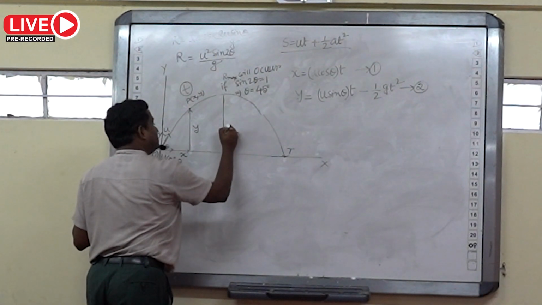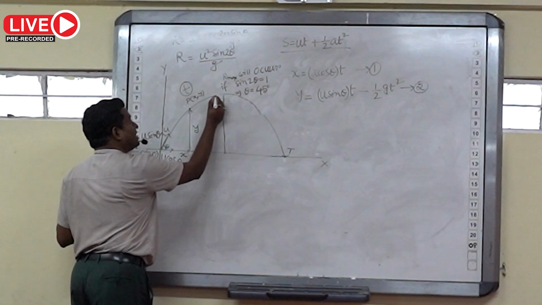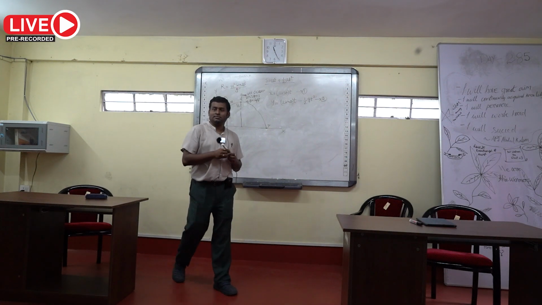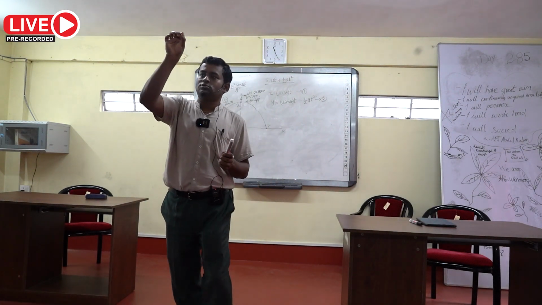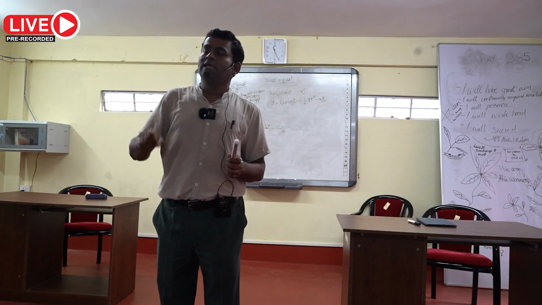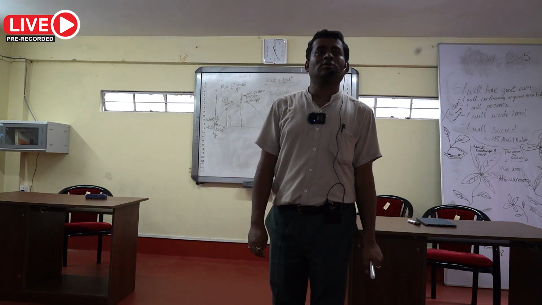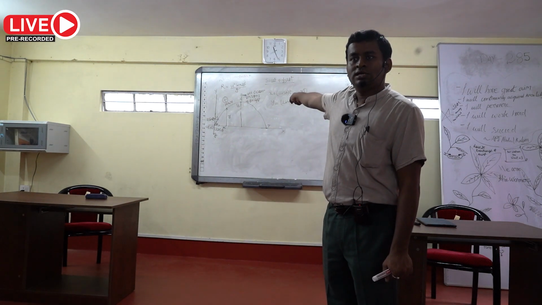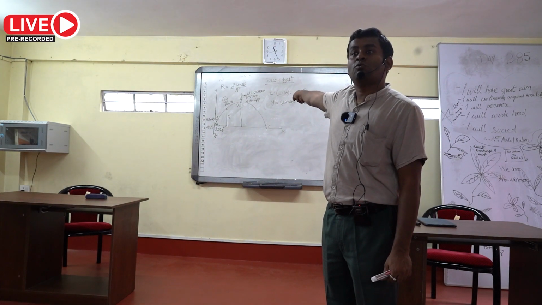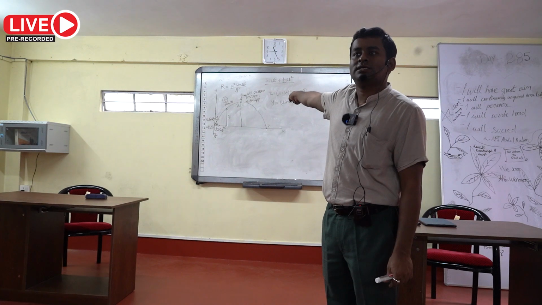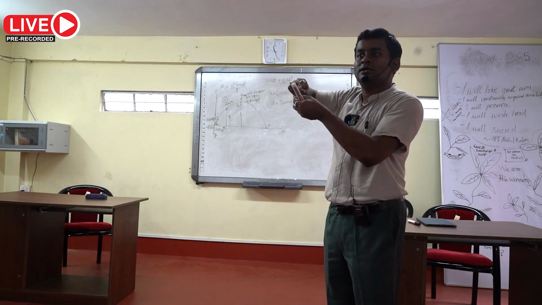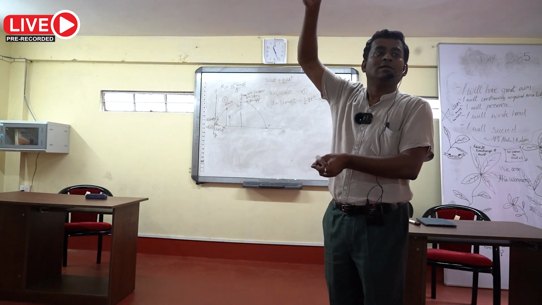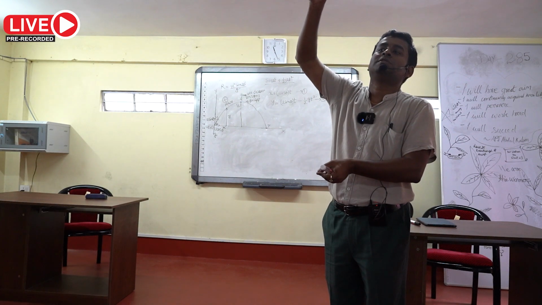Means if the total time is capital T, then in time T by 2 the particle will reach the topmost point. Then what is the y coordinate equation of the particle? Equation 2. If in that equation I put small t equal to half of the time of flight, we will get the y coordinate for that time, that is the maximum height of the projectile.